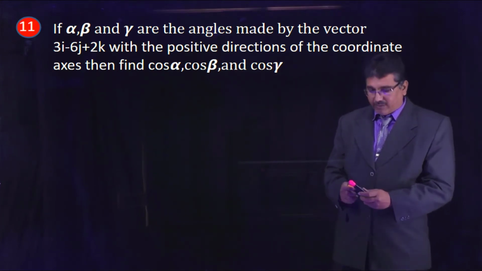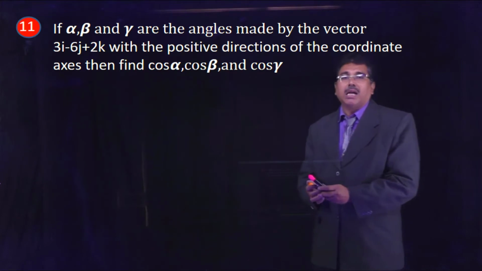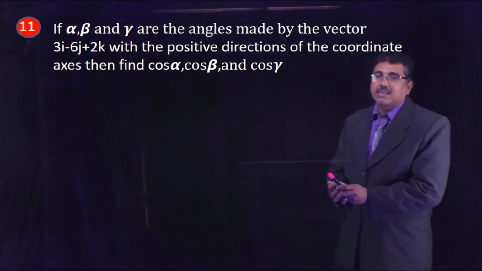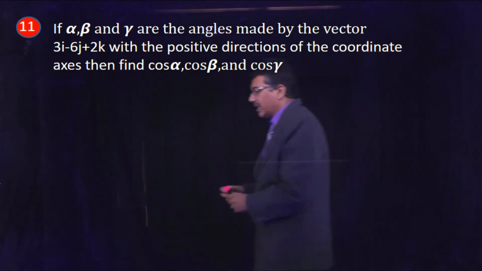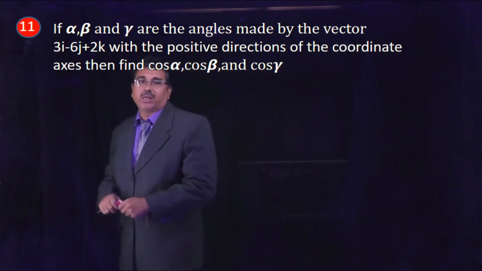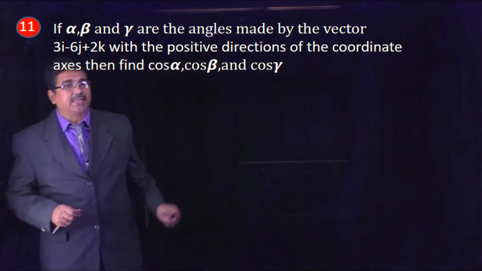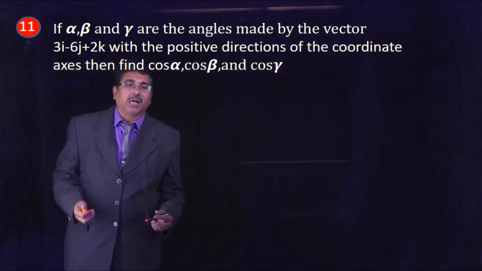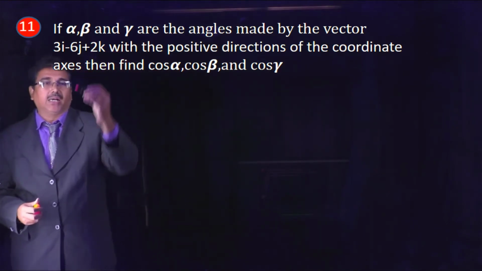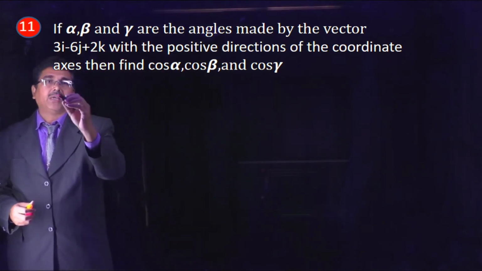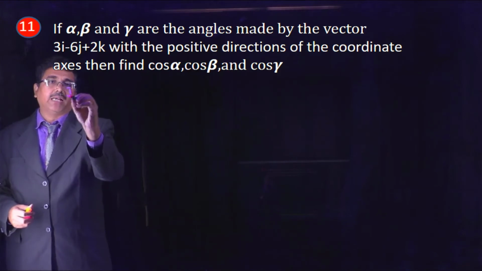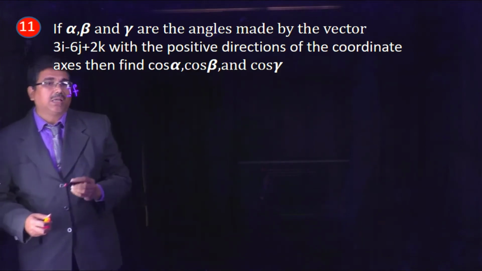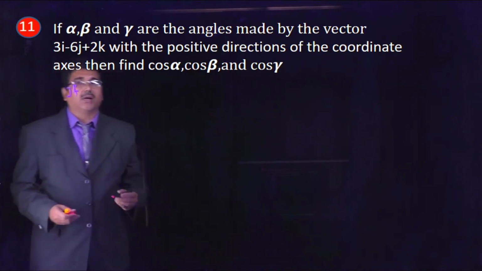How to find cos alpha, cos beta, cos gamma?